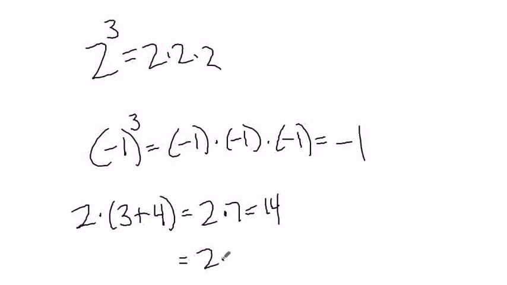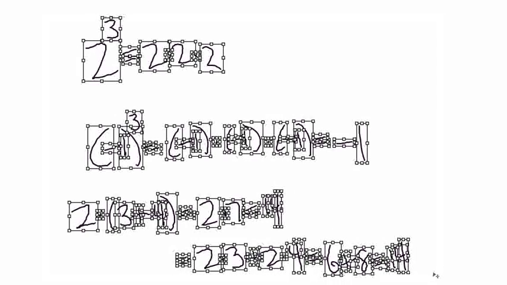You could do these two products, 2 times the 3 and add that to 2 times the 4. So 6 plus 8 will also give you the same answer. That's called distributing.